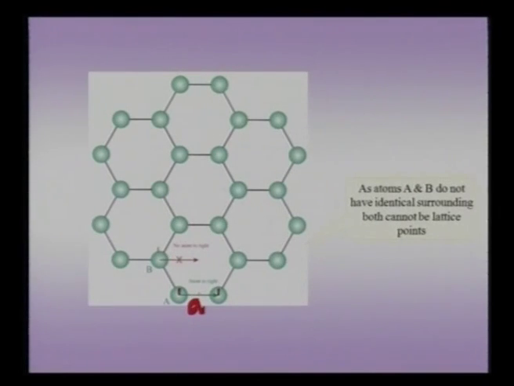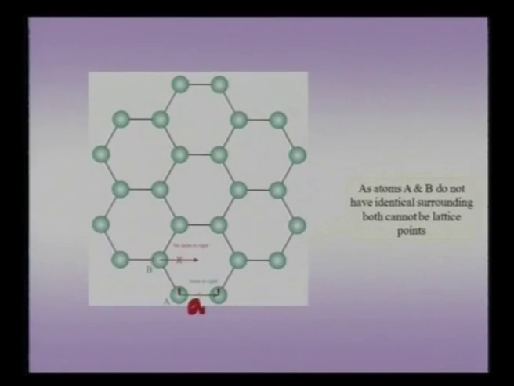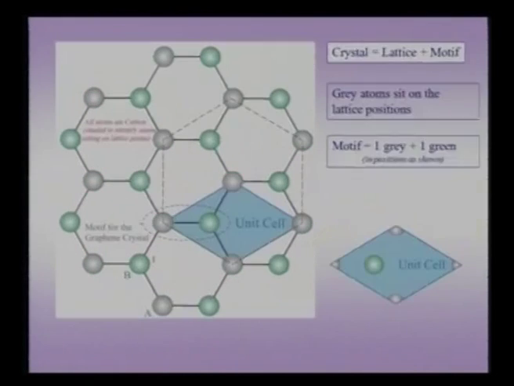And what is the requirement of a lattice? That every point should have identical surrounding. So clearly, as the surrounding of point A is different from the surrounding of point B, both A and B together cannot belong to the same lattice. So now what is the lattice and how do we describe it in terms of a unit cell, a motif, etc. is the next question.